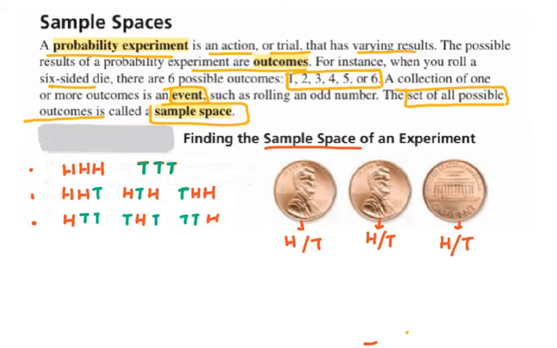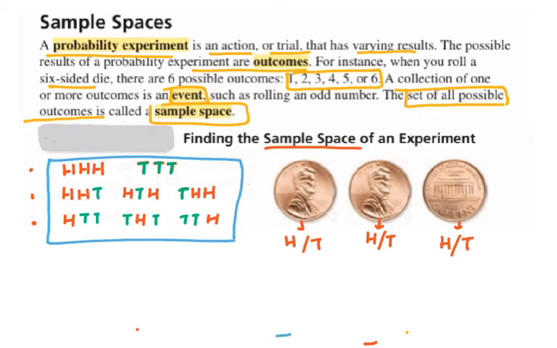So this way you can always create a sample space. This whole list is the sample space for the given experiment when you flip a coin, flip 3 coins one time.